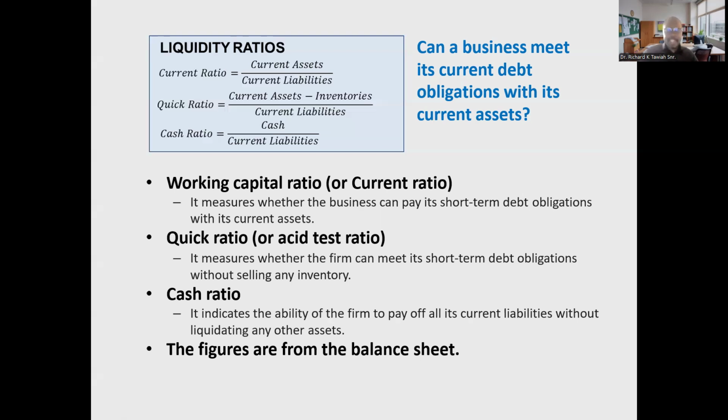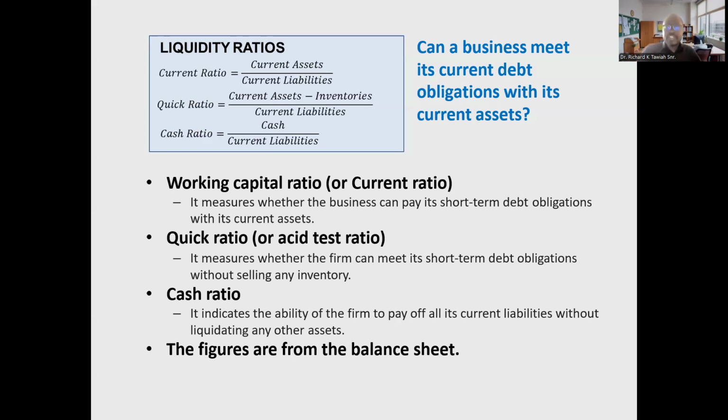So take out those elements which take a long time to convert into cash, inventory being the main culprit. And so it is current assets minus the inventory divided by the current liabilities. So how quickly can we use our current assets to pay off our current liabilities? I'm trying to use simple English for you to understand.